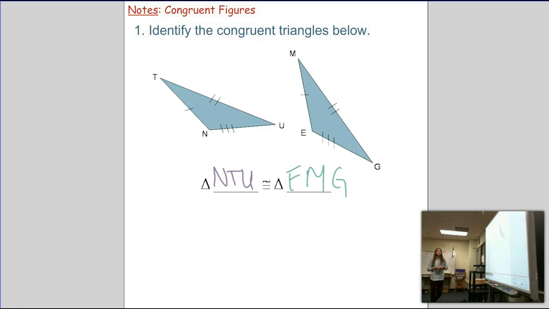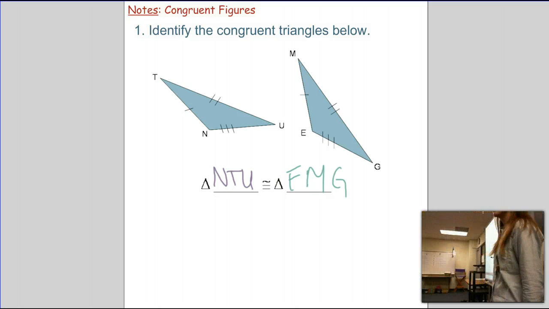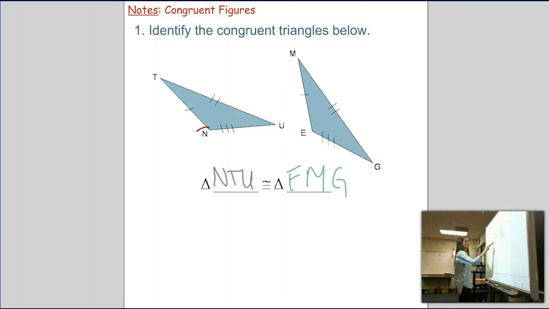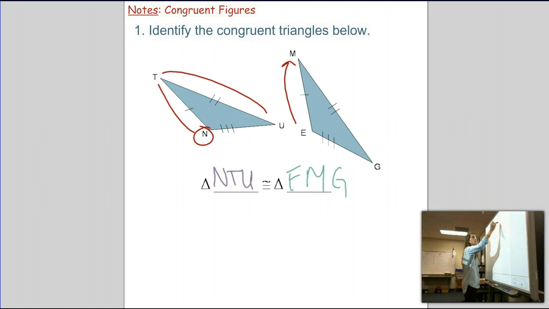Sometimes I'm not going to give you the congruent statement, and I'm going to make you write the congruent statement. Does order matter here? Absolutely, 110% order matters. If I name NTU, I start at N, I go across 1 tick mark, and then across 2.